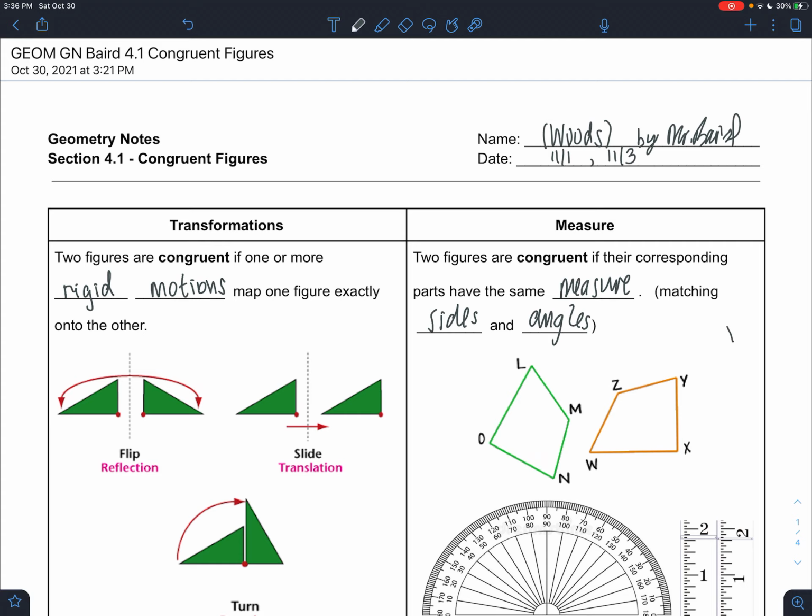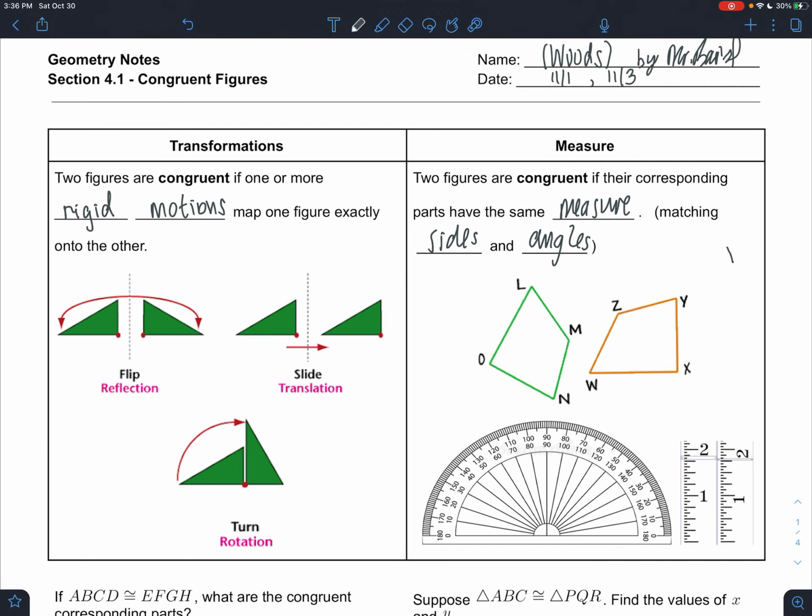Believe it or not, they're actually congruent. You could flip, turn, slide them around, and they'd lay right on top of each other. But what we're going to be talking about today is how we write precise statements about that, and how we can use that to answer questions.